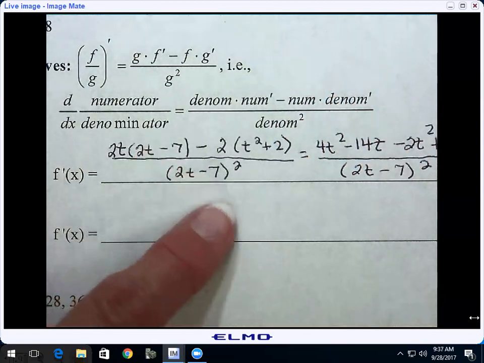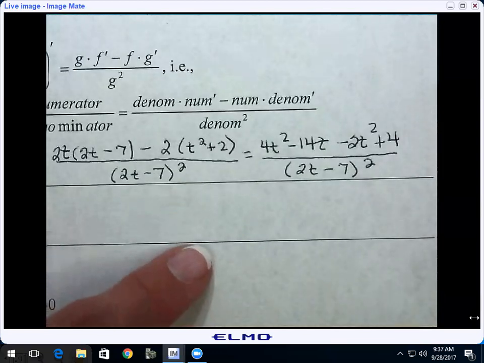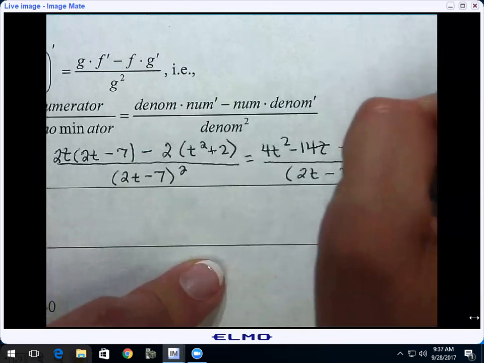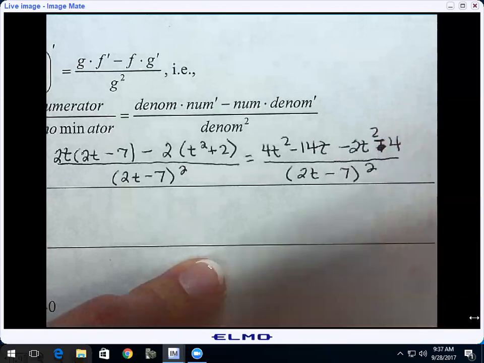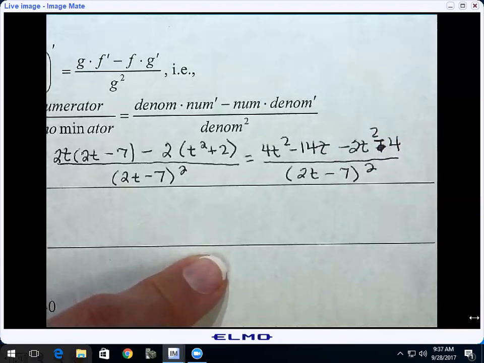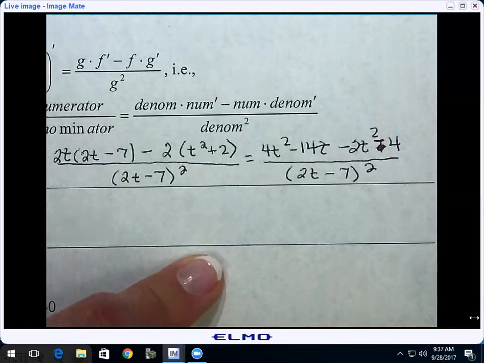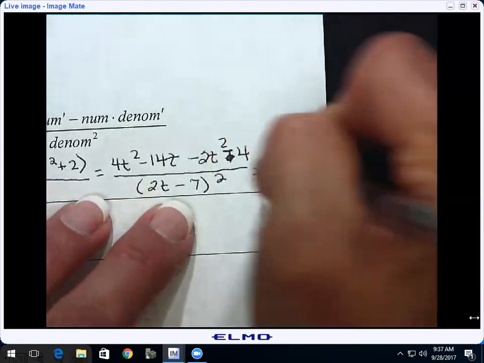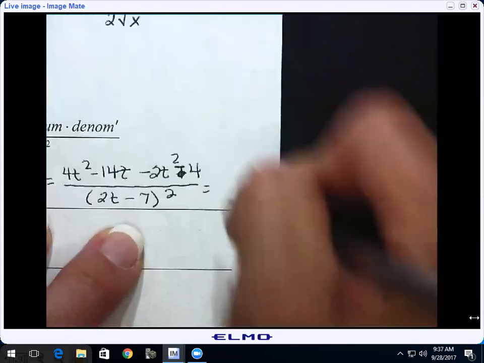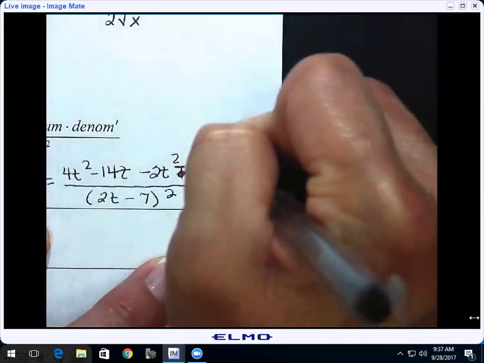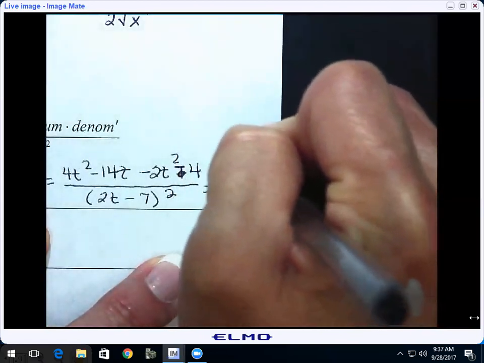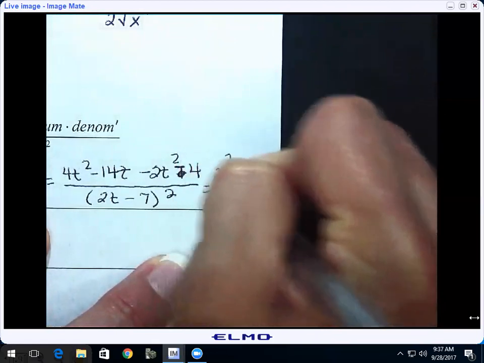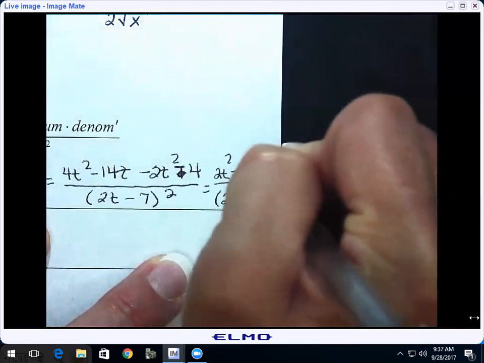Oop, I have a typo, but only because I'm checking. And then I don't have much room here. I should have written smaller. That's 2t squared minus 14t minus 4 over 2t minus 7 squared.